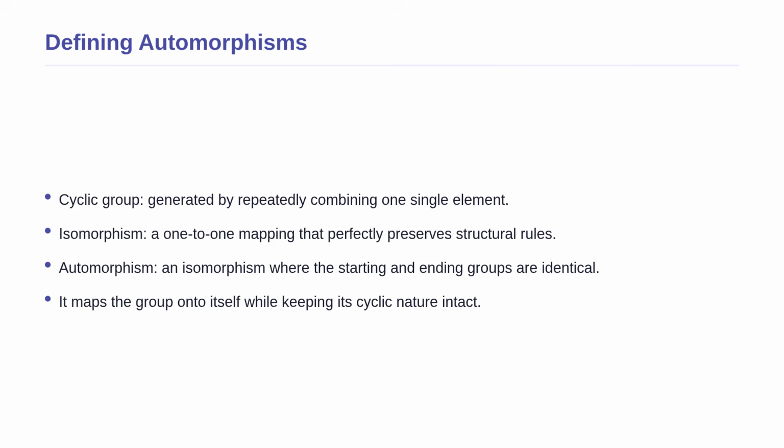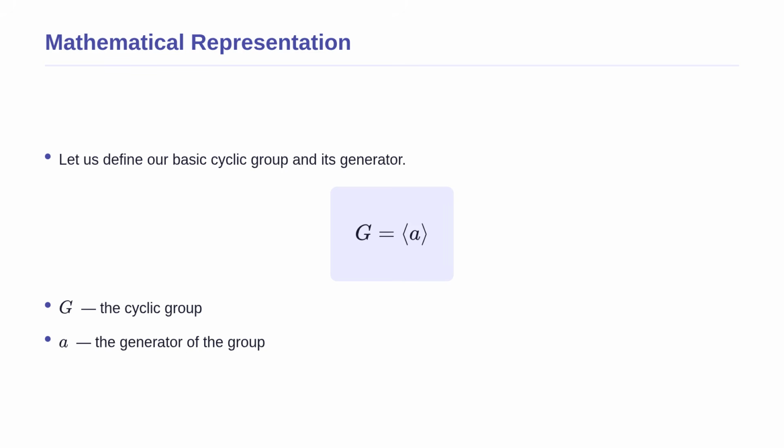So, what happens when the starting group and the ending group are exactly the same? That is an automorphism. It is a mathematical function that maps a group onto itself while keeping its cyclic nature completely intact.